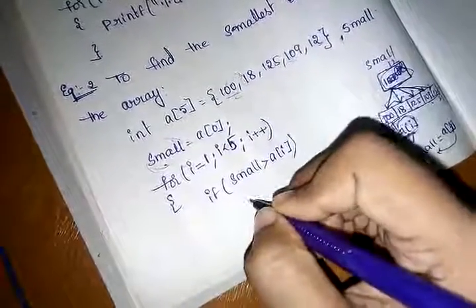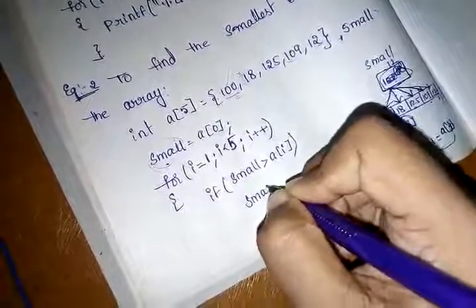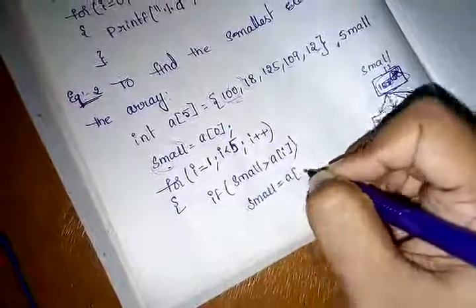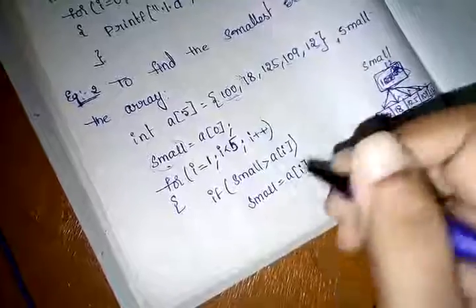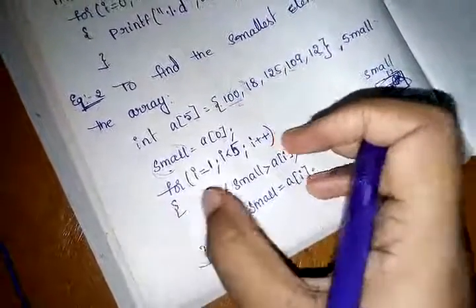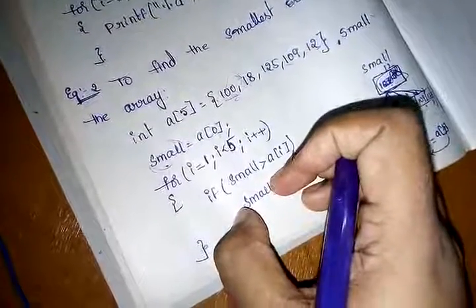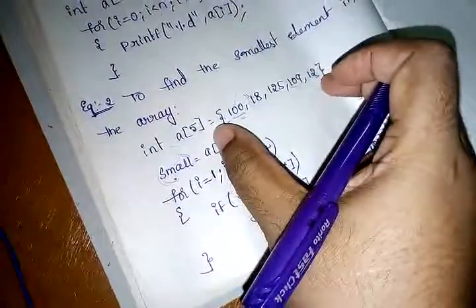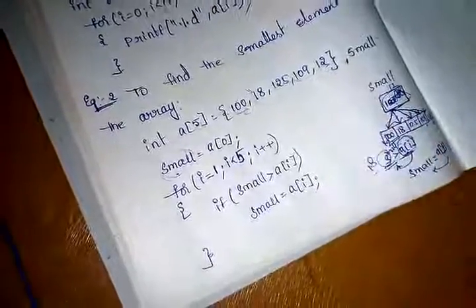So if this condition is true, then small is equal to a of I. So finally, when we reach the end of this loop, the variable small will contain the smallest element present in the given elements of the array.